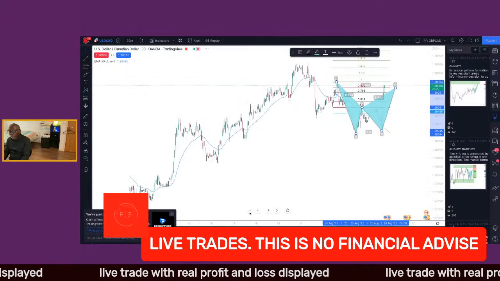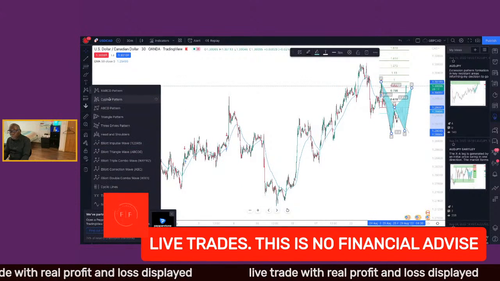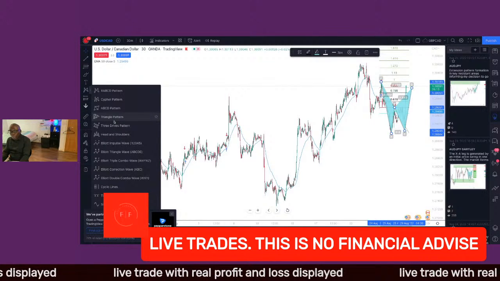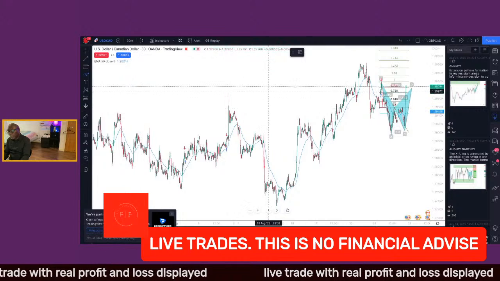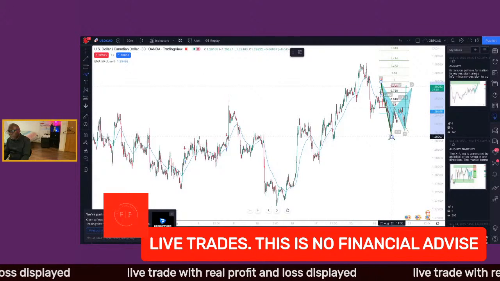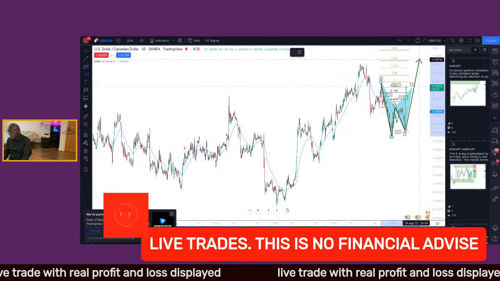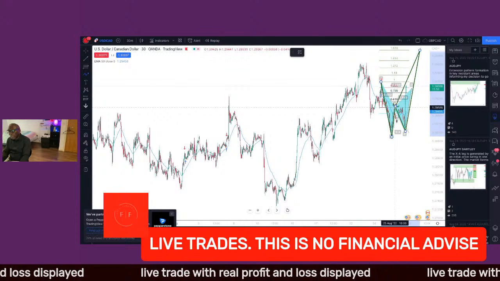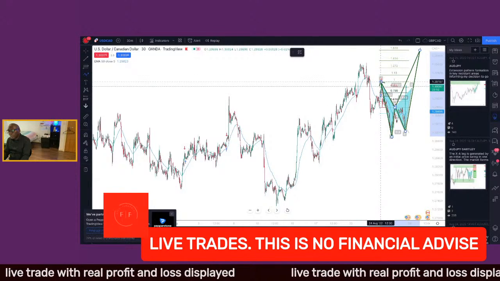However, if price then goes all the way, because this can happen in two ways, you can have an extension pattern, where your B point is still at 50%, which is right there, where your D point, your potential reversal zone, finishes up here. So that's a completely different pattern.